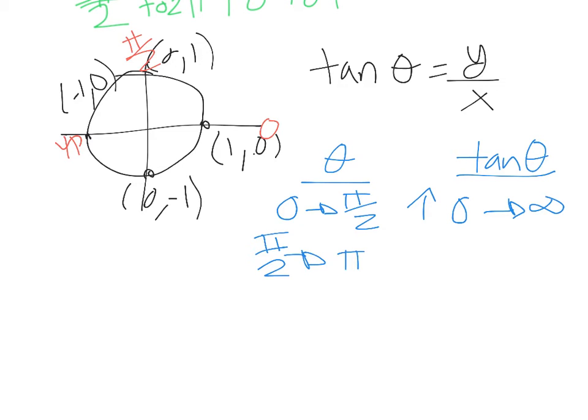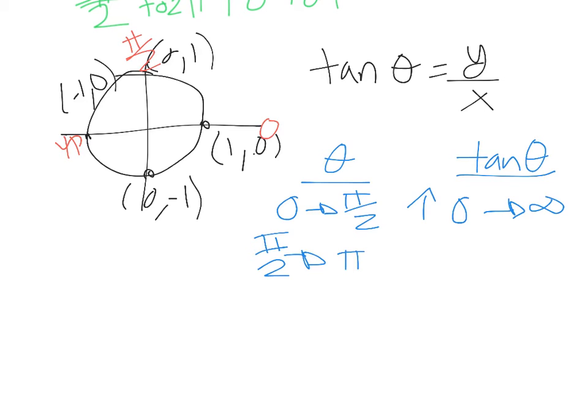Just on the other side of pi over 2, notice now that the x-coordinate has become negative. Y is still positive. Just slightly more than 90 degrees, the y value, if we're talking about the unit circle, is pretty close to 1, and the x-coordinate is tiny, but tiny negative.